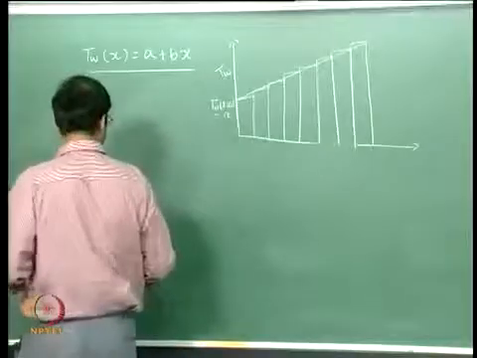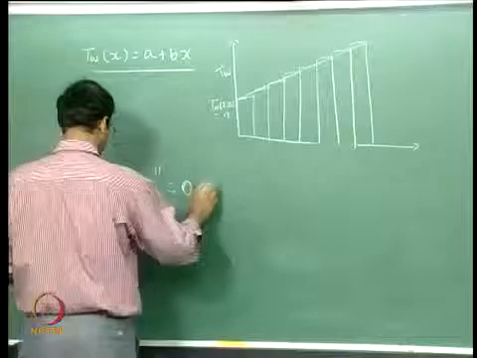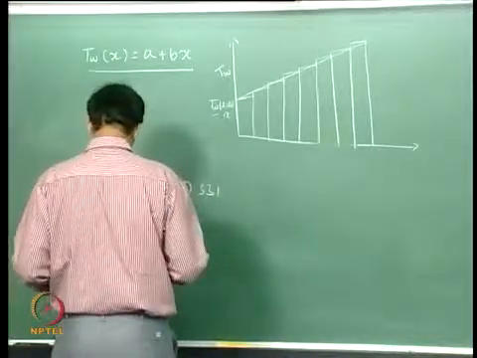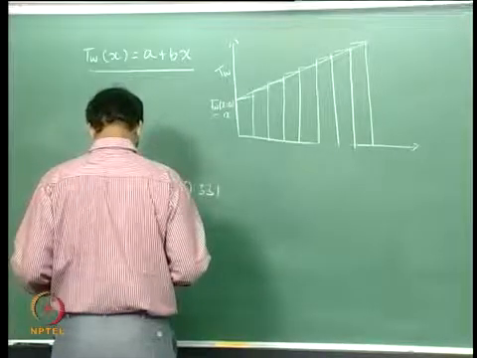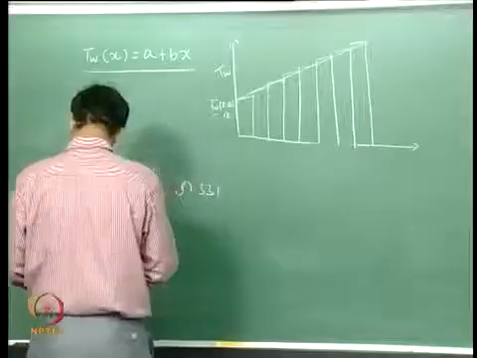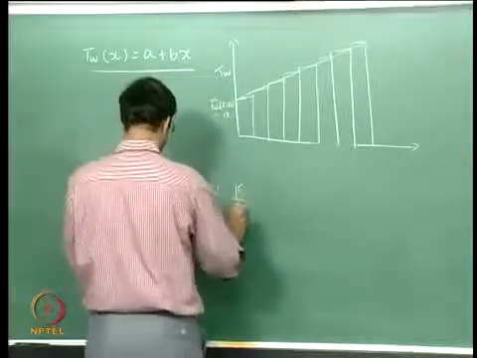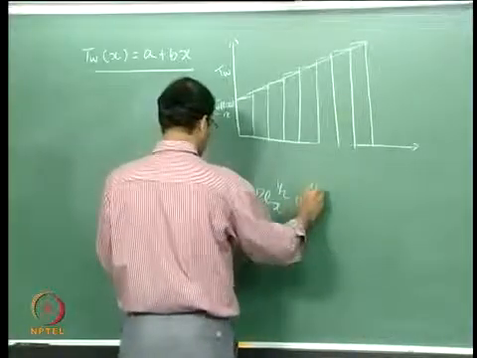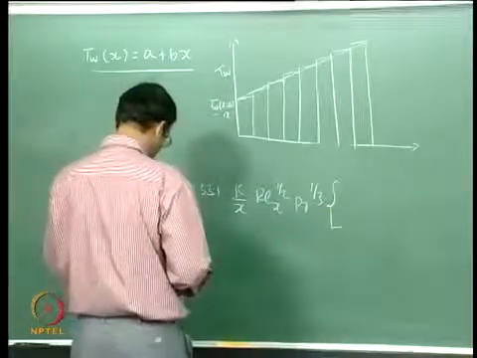So in that case you will have something like 0.331 into k by x Re_x power half Pr power 1/3.